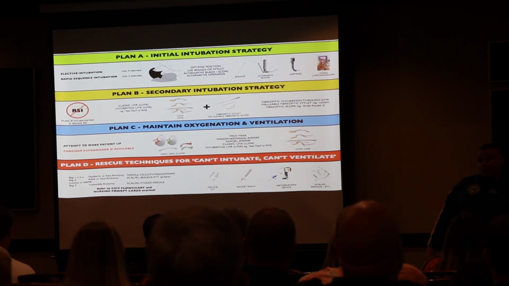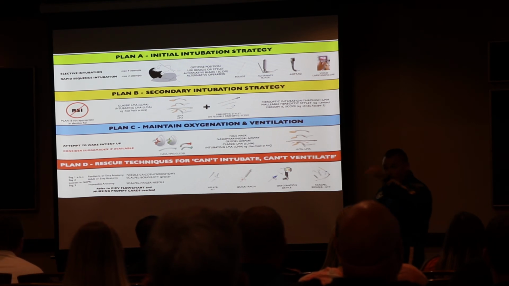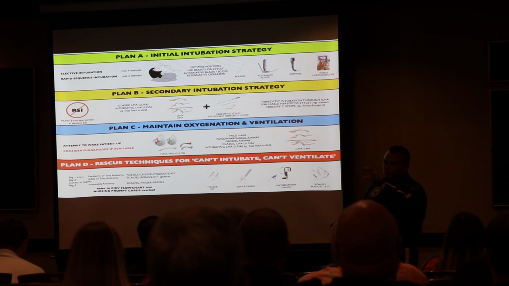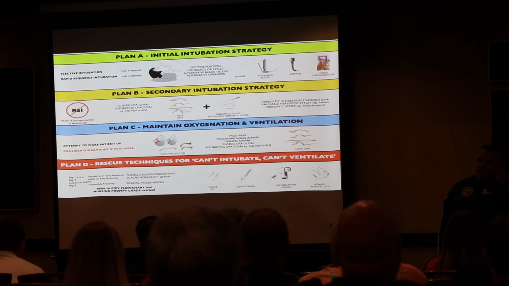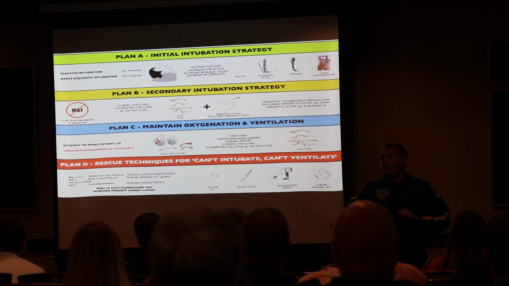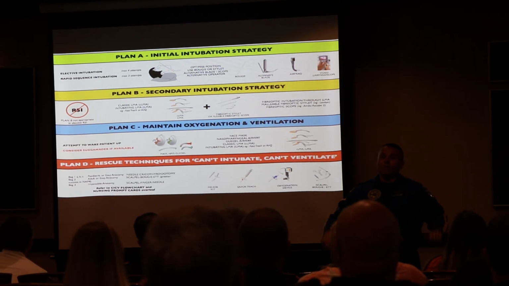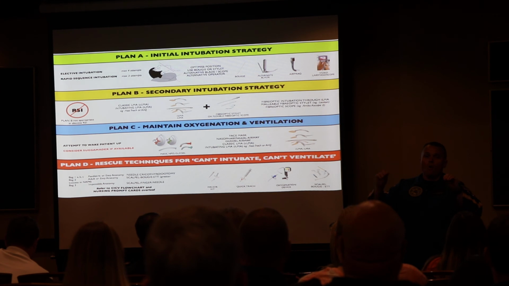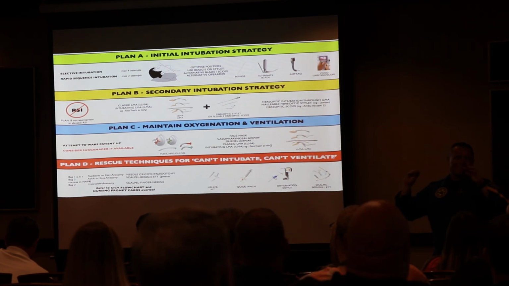If it didn't work initially, don't give them drugs to make it even worse, right? We'll talk drugs in a minute, but paralyzing is not the answer. If you can't get them intubated initially, and they have no gag, rescue airways come in. There are so many rescue airways out there, we could debate it for hours. But know whatever your protocols and your facility have, and make sure you know how to use it almost second nature.